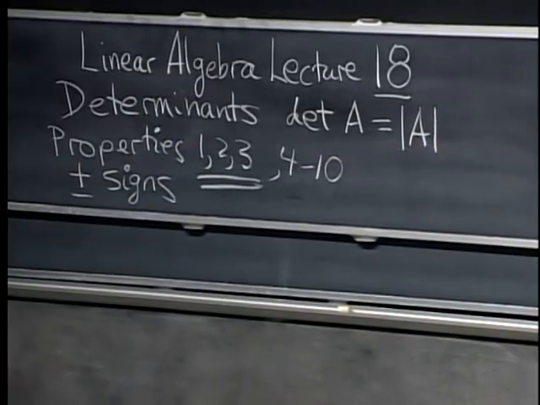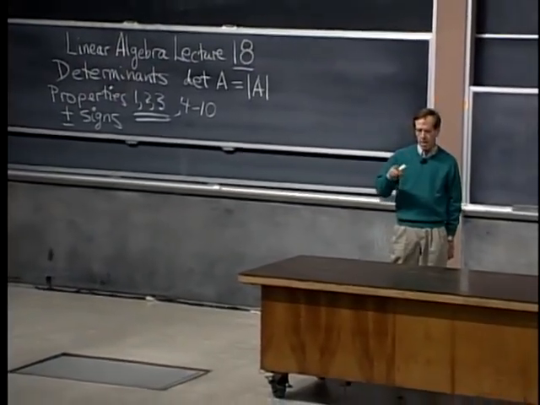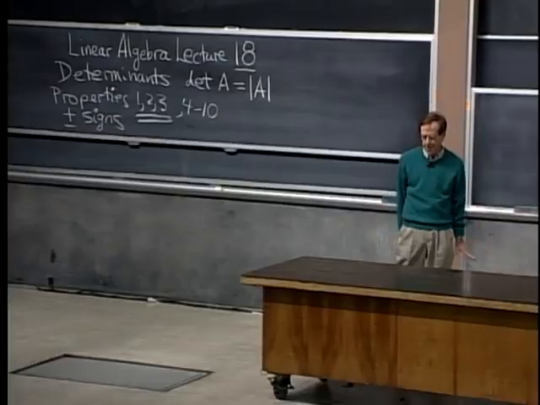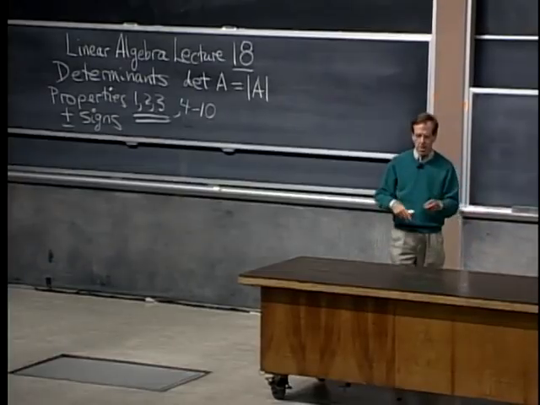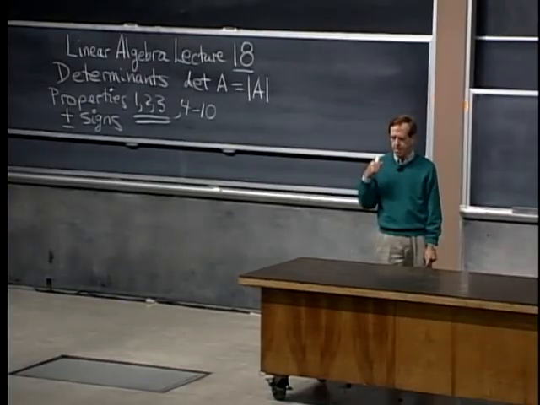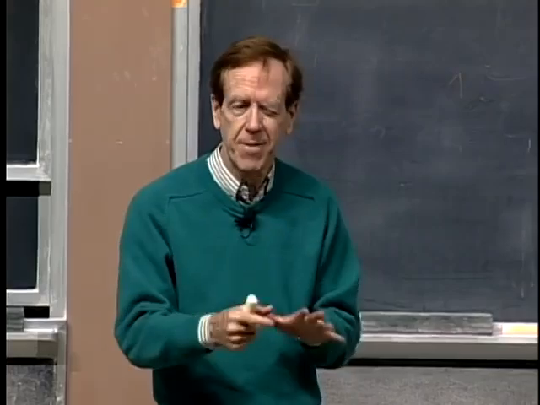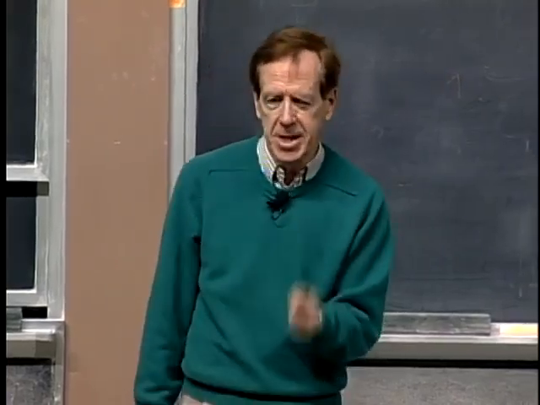That's going to mean the determinant of the matrix. That's going to mean this one magic number. Well, one number can't tell you what the whole matrix was. But this one number packs in as much information as possible into a single number.